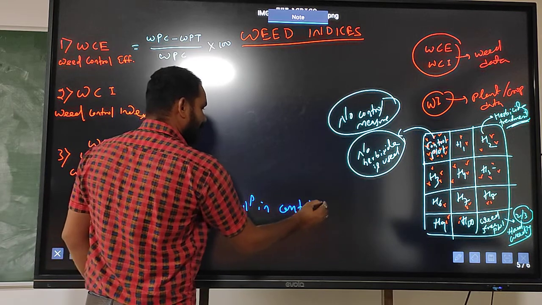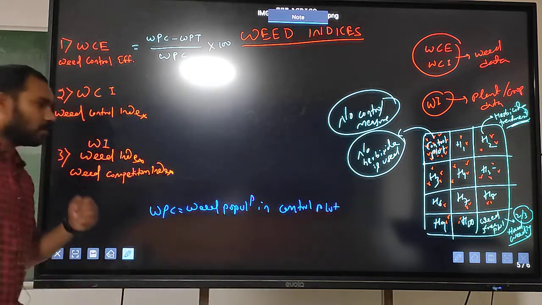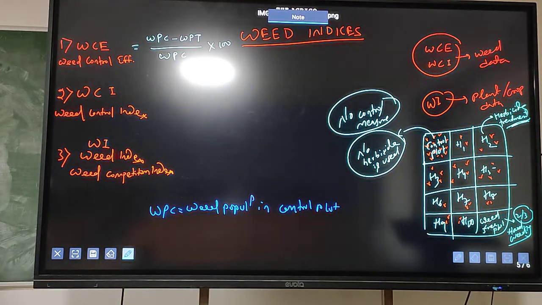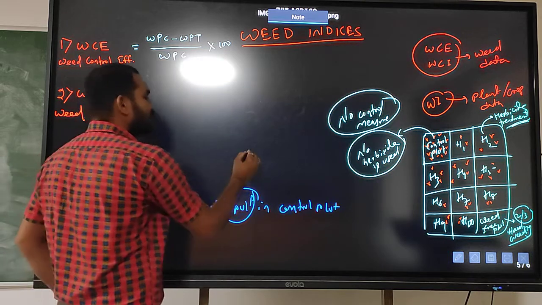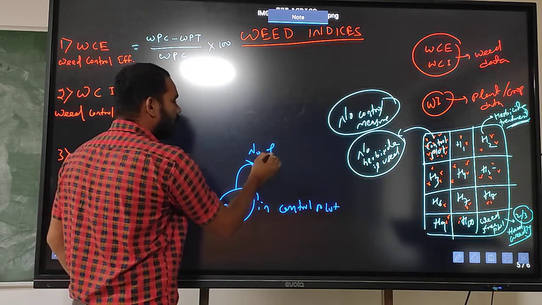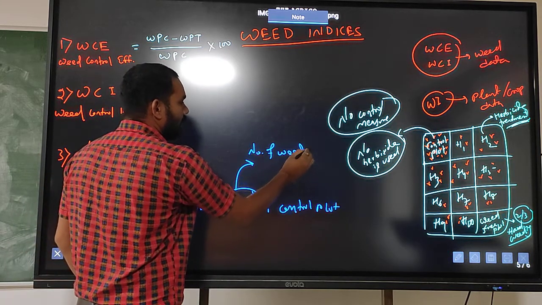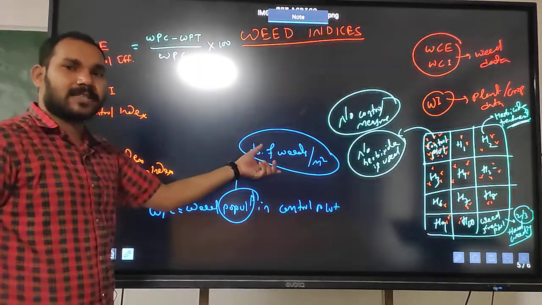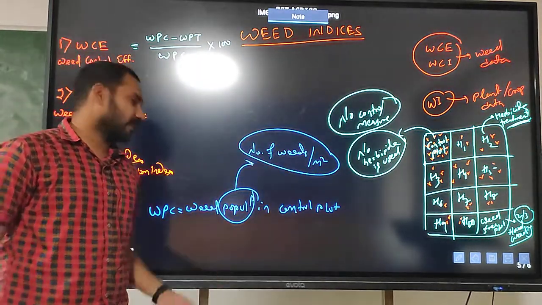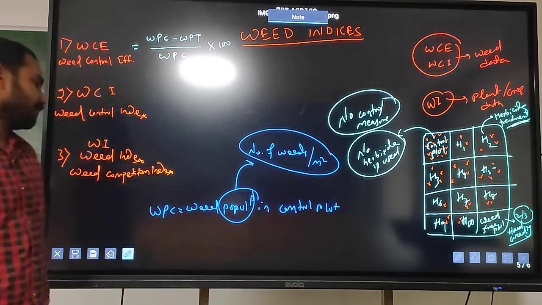First of all, we have to understand what you mean by weed population. Population means the number of weeds per meter square, or we can say the number of weeds per unit area. This is known as the weed population.